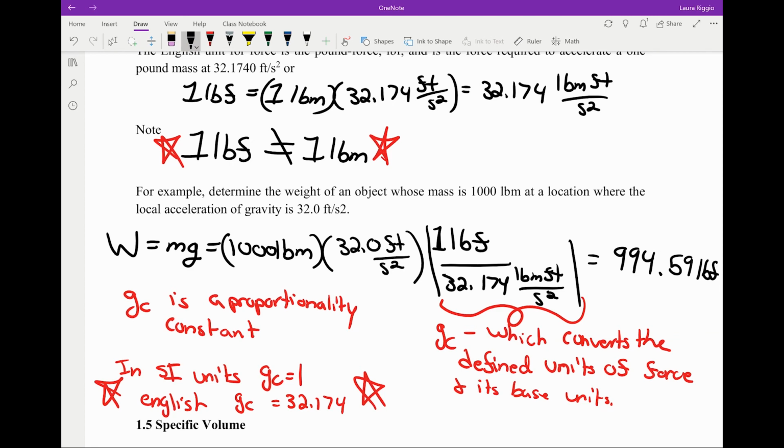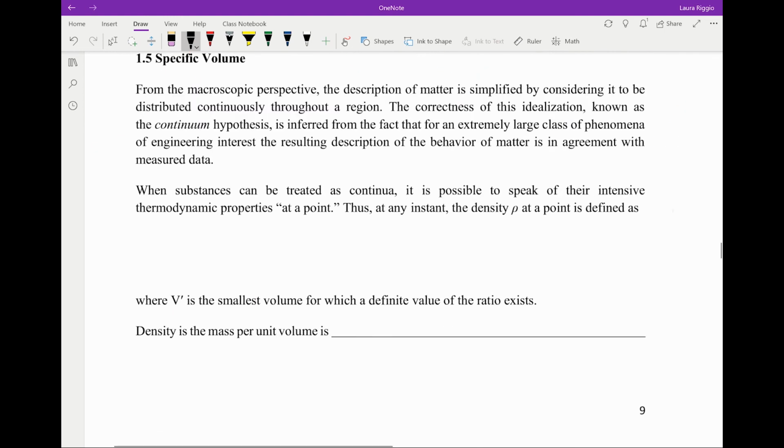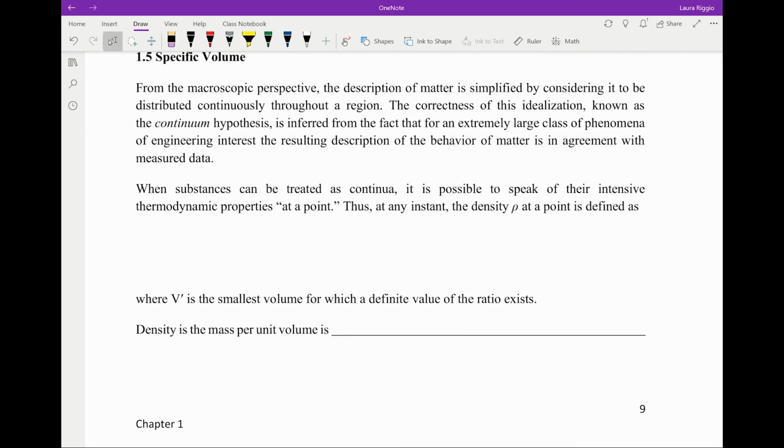So the last bit of this lecture is going to be about specific volume. So we defined, everyone knows what density is. So from the macroscopic perspective of matters, we're going to consider everything to be universally distributed within a region. The correctness of this idealization is our continuum hypothesis.